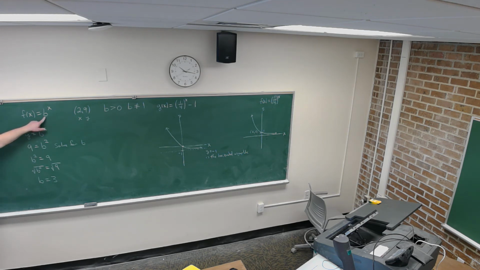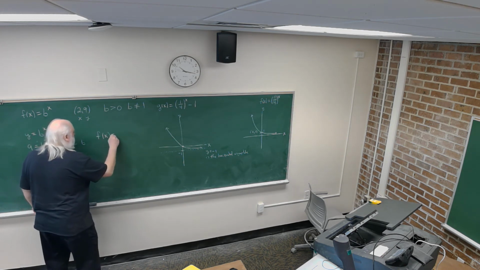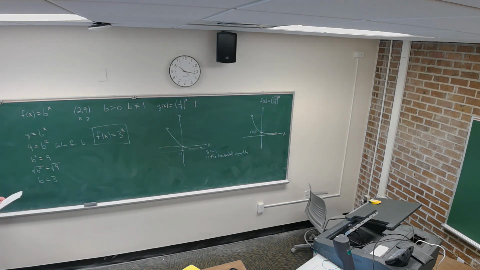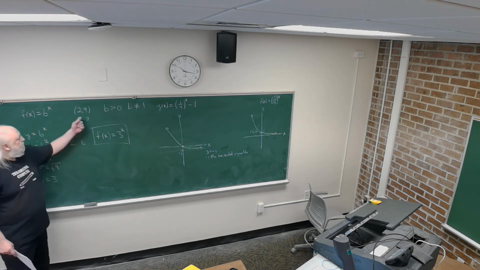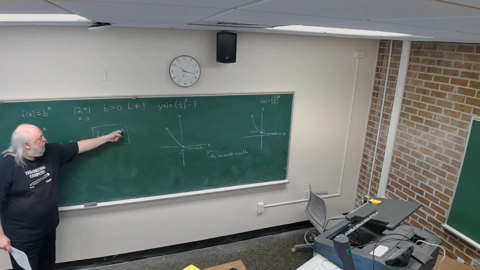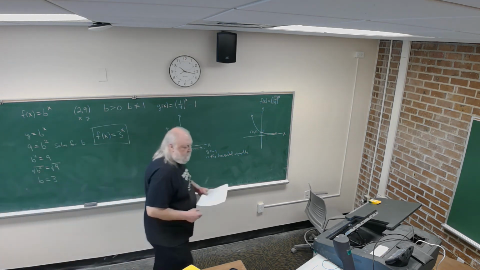Now I replace b up here with 3, and we have the exponential function for this problem: f of x is equal to 3 to the x. You can see it satisfies this requirement, because when I put in 2 for x, I get 3 squared, which is equal to 9. Any questions on that?